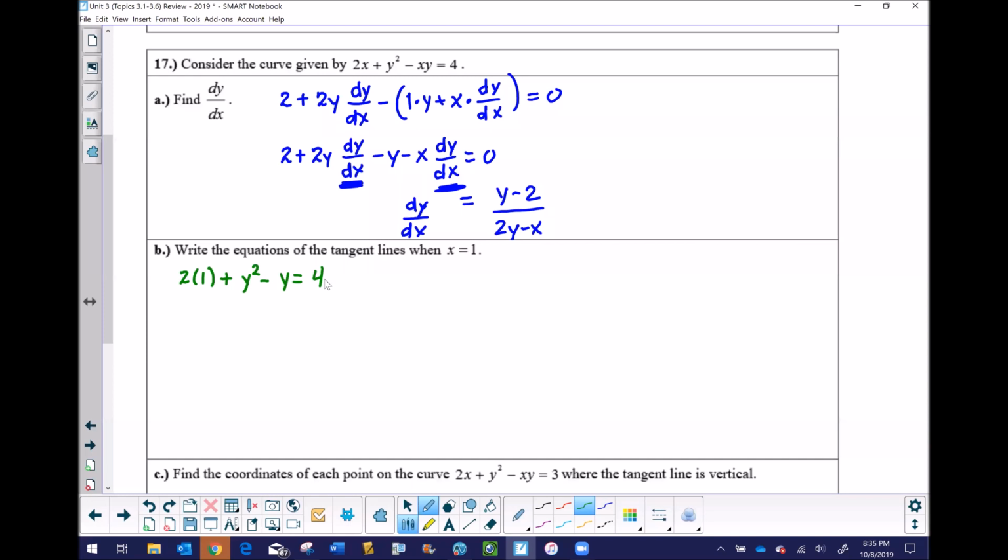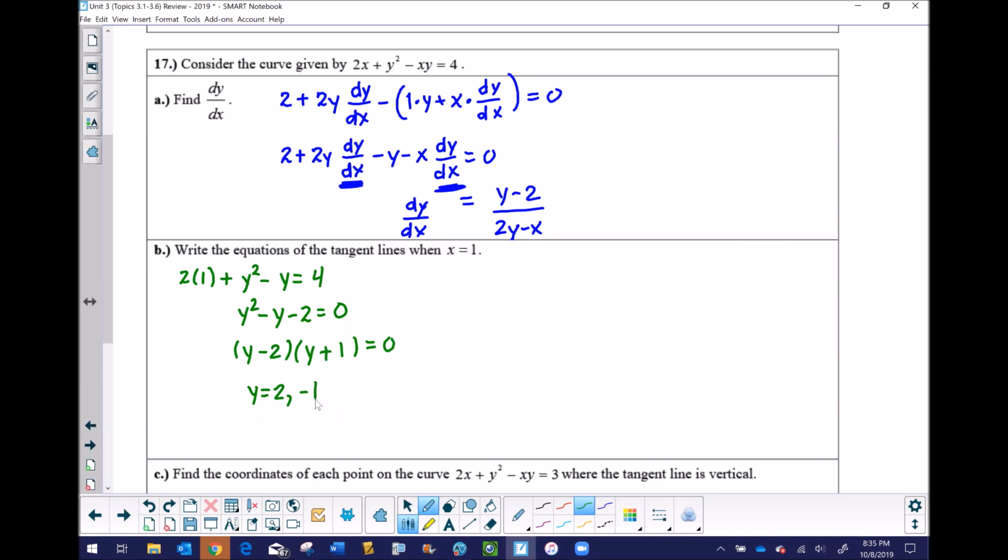That's going to enable us to solve this. So if we do that, y squared minus y, subtract the 4 over because we have no choice but to solve that equation set equal to 0, break out our algebra skills, and factor into y minus 2, y plus 1, and there's your y values.